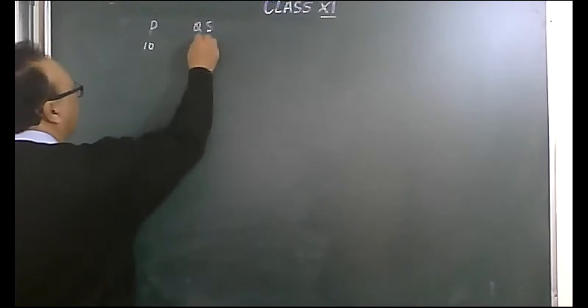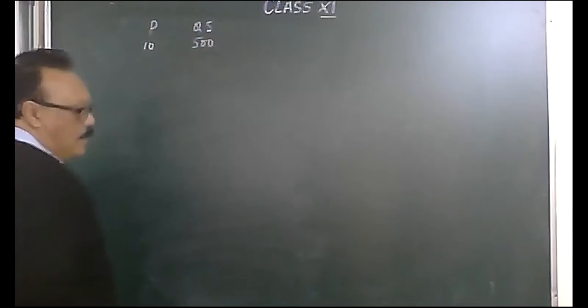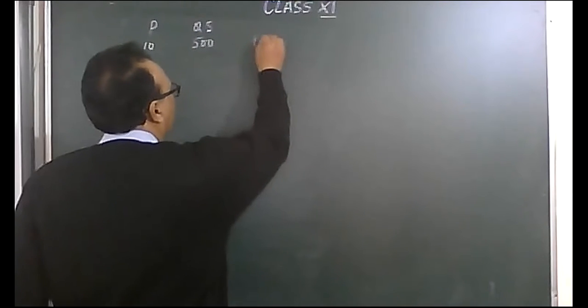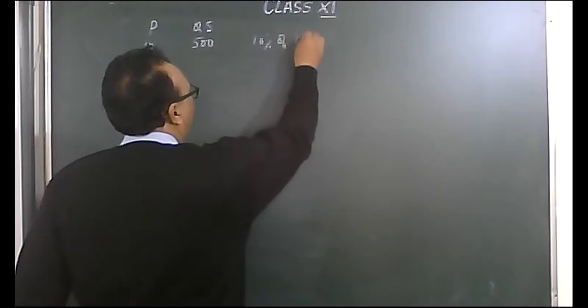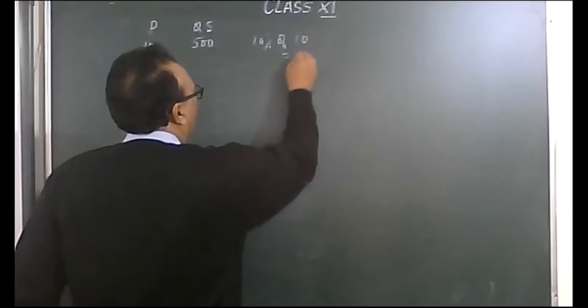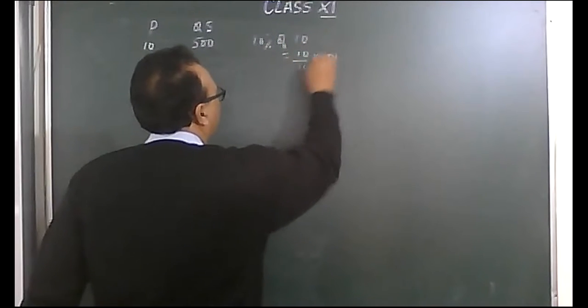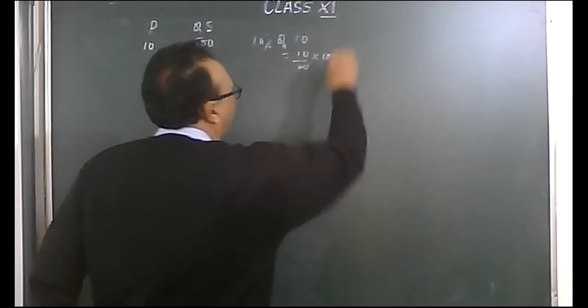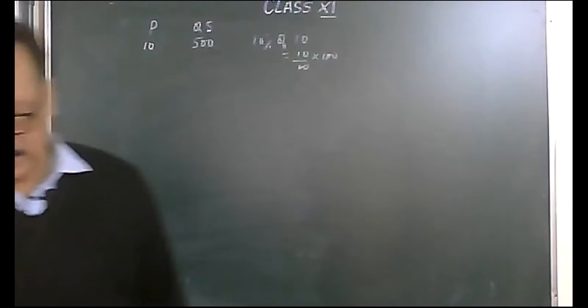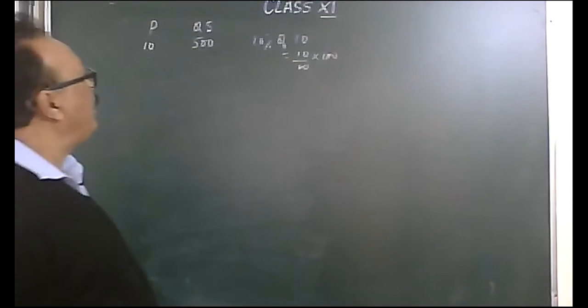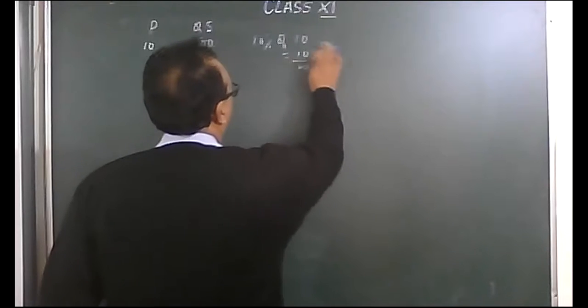The first was, if the price was 10, the quantity supplied was 500. Then he says, if the price falls by 10%, 10% of 10 is how much? 10% of 10 is equal to 10 upon 100 into 10.